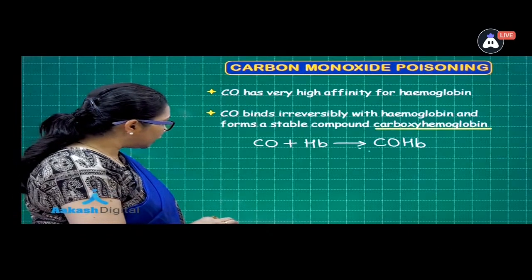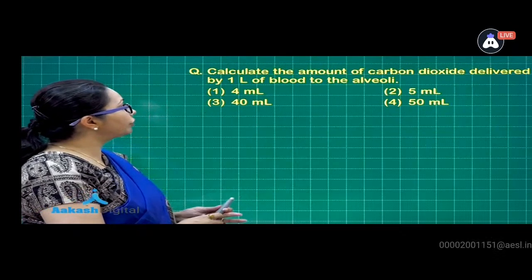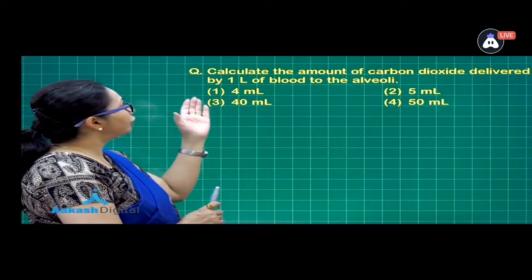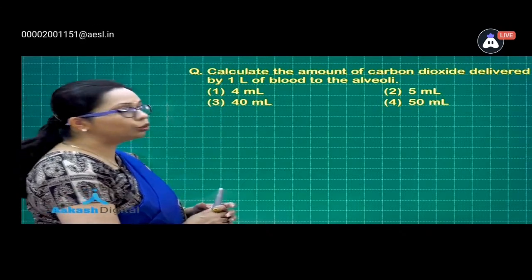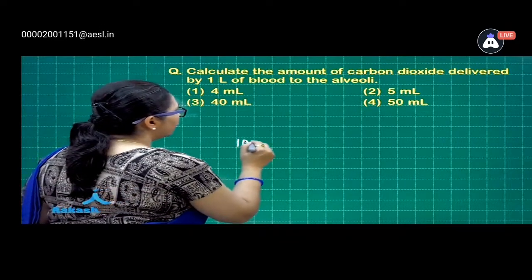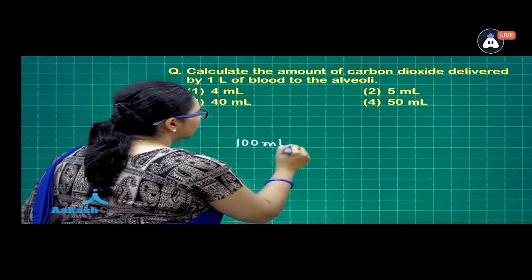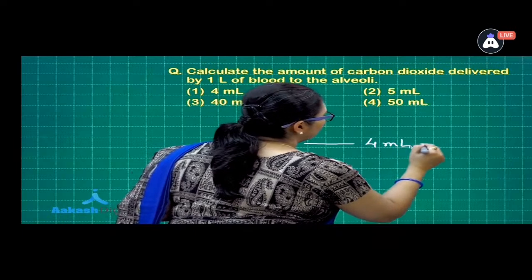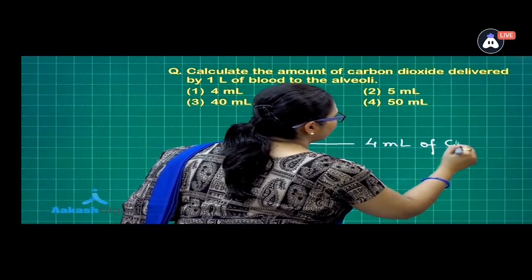Now, we can use this information and solve a question. Calculate the amount of carbon dioxide delivered by 1 liter of blood to the alveoli. We have just seen that 100 ml of blood delivers 4 ml of CO2 to the alveoli.